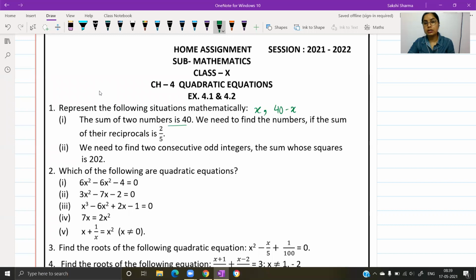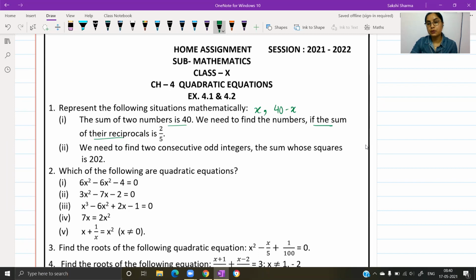The sum of their reciprocals. Each of these numbers, इनका reciprocal लिखना है, उनकी addition should be written equal to 2 by 5. Roll number 5, Arman Basra. Beta, what will be the equation?